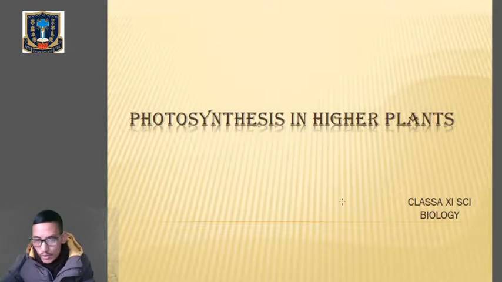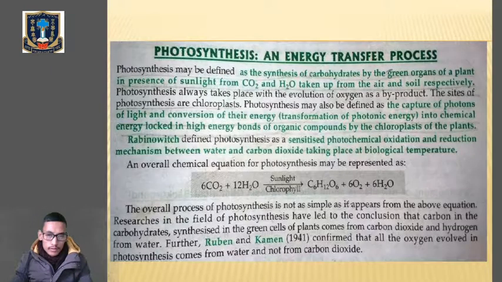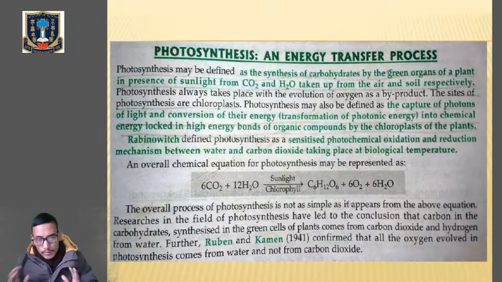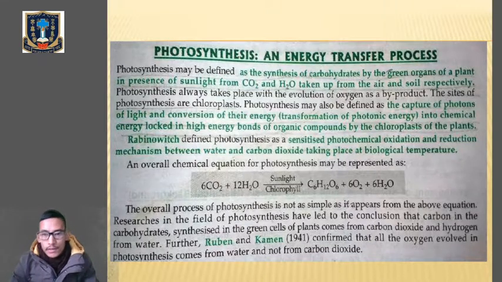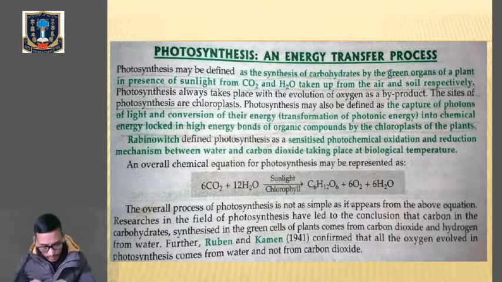So what do you mean by photosynthesis? It may be defined as the synthesis of carbohydrates by the green plants or by the green organs of a plant in presence of sunlight from carbon dioxide and water taken up from the air and from the soil respectively. A little bit of different definitions, but the same.